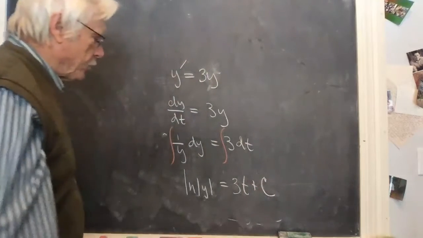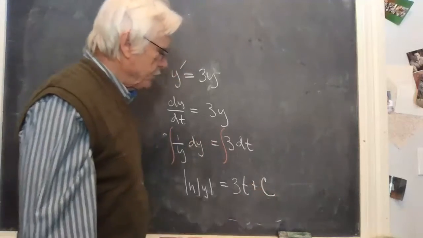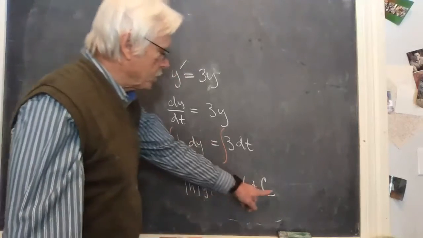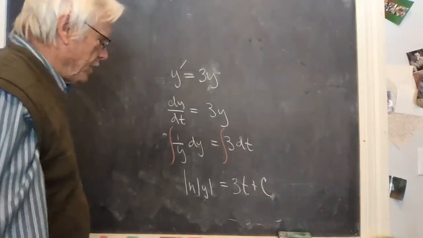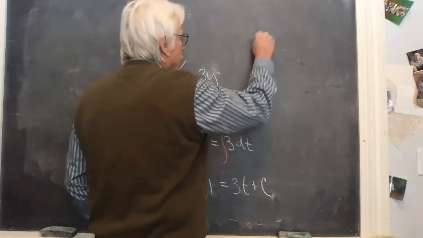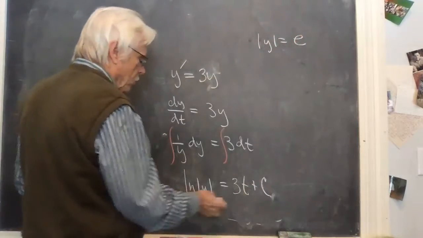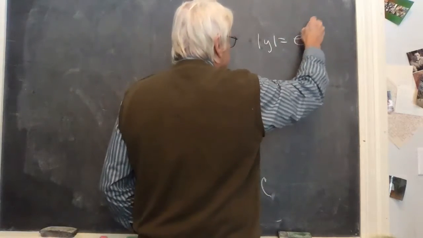The right-hand side, 3t plus c. Actually, each integral has a constant, but you can collect them together and just say anything like this. And solving this for y says the absolute value of y is equal to e, the base of the logarithm, raised to this power.